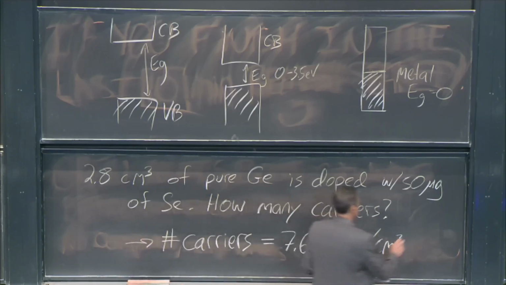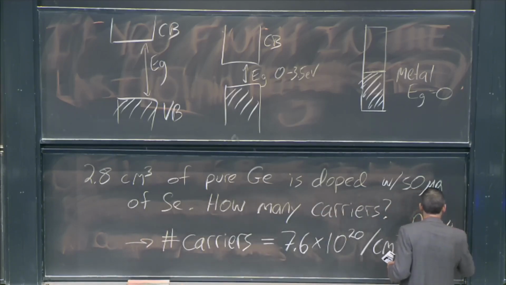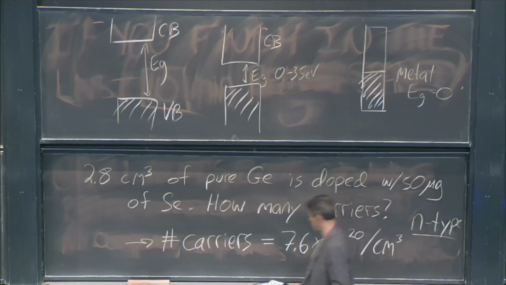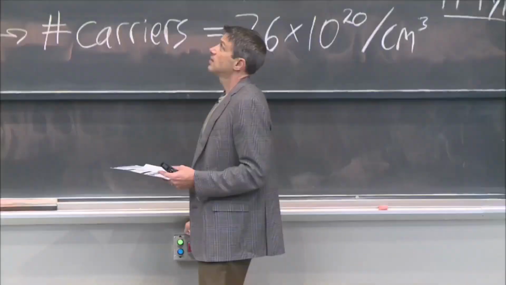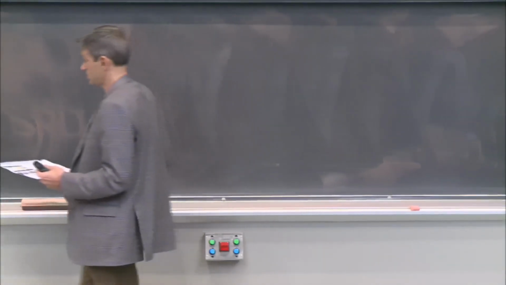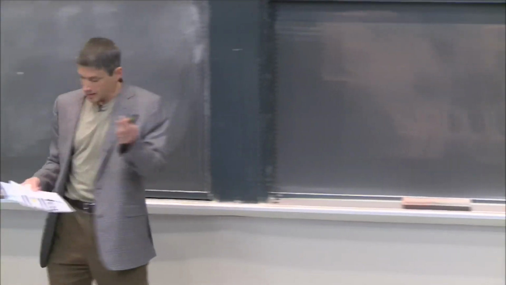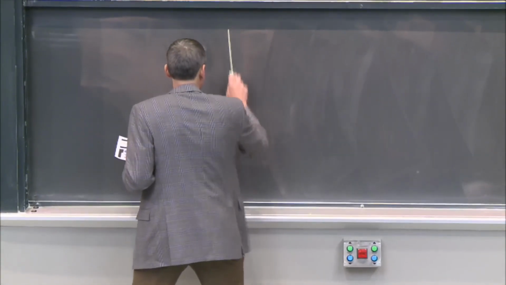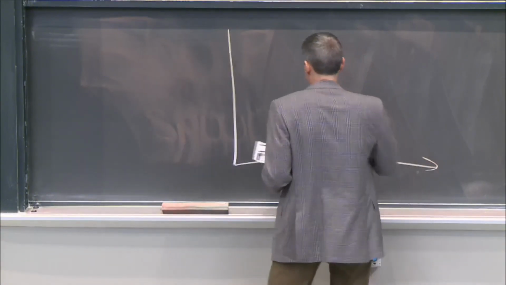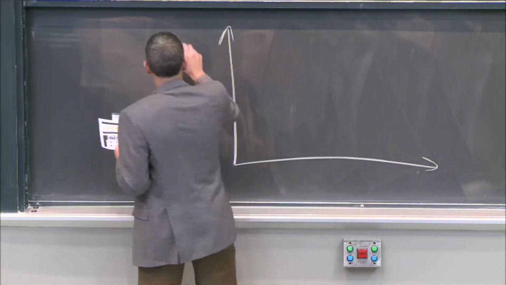Okay, so that's a nice one. The reason I want to do this is because you can never have enough fun doing problems like this and looking up old exams. But I also wanted to go back to this picture that I drew for you on Wednesday. This picture was of the number of carriers.